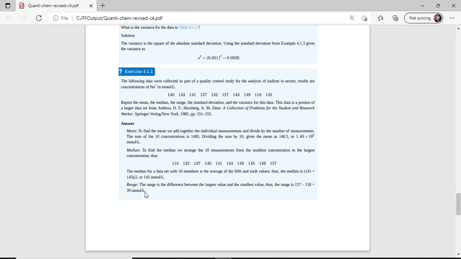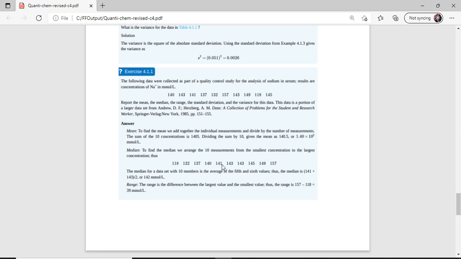So, add the two values, then divide by 2. Therefore, your median is 142 millimoles per liter, or in scientific notation, 1.42 times 10 raised to 2.